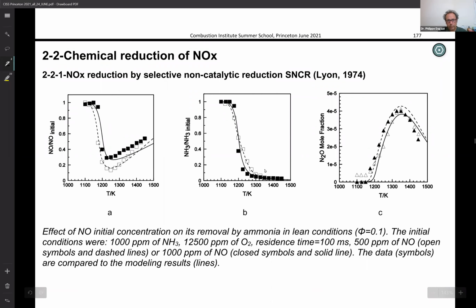This is another example. This is the same kind of plot, but for ammonia, and you can see that in both cases we consume ammonia fully.